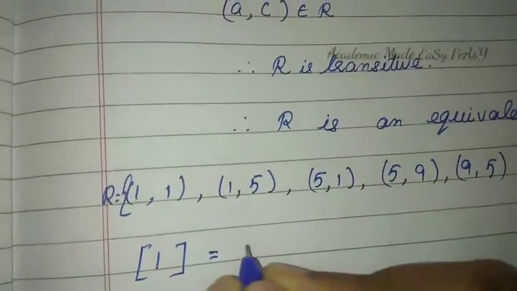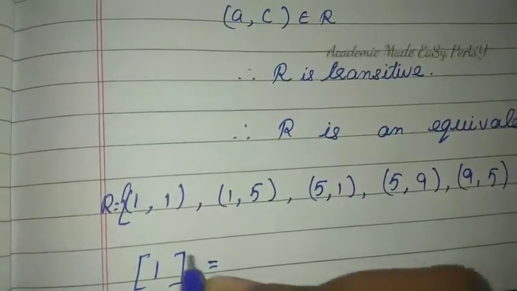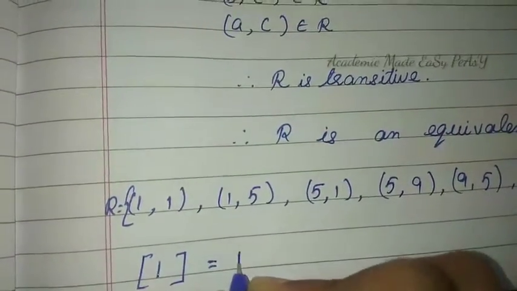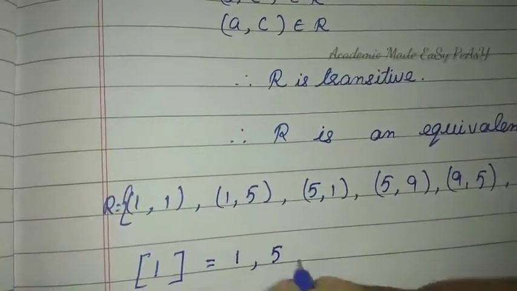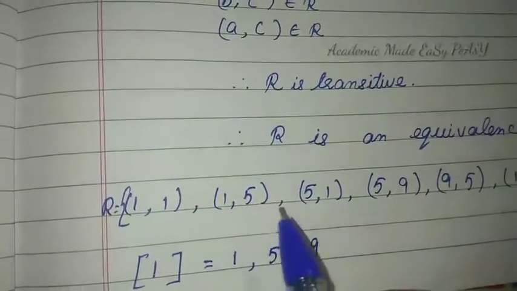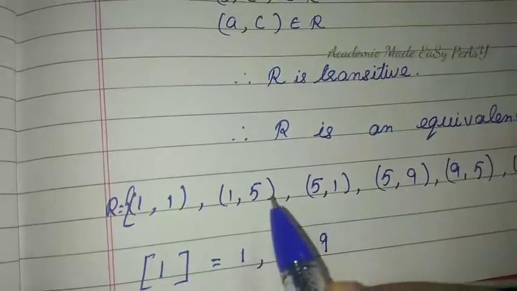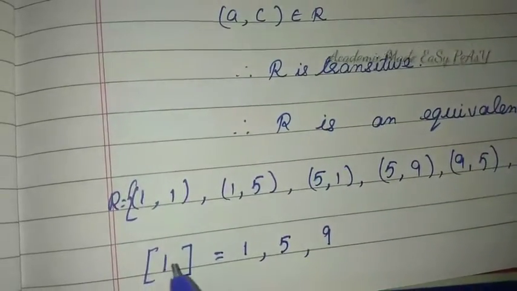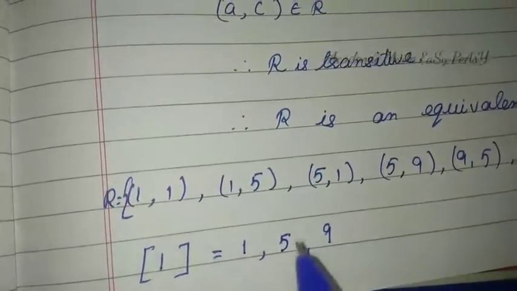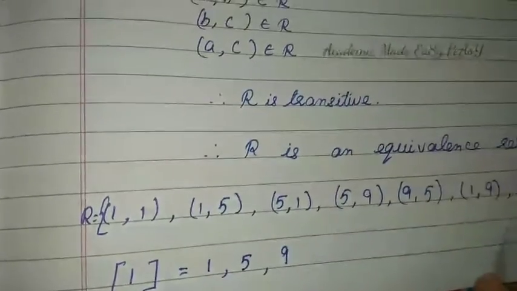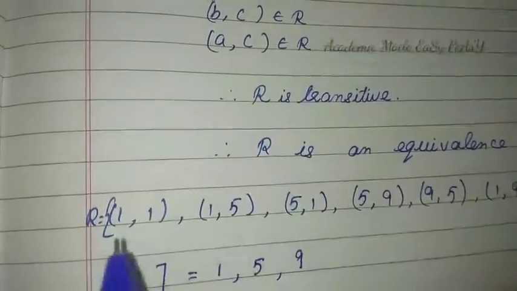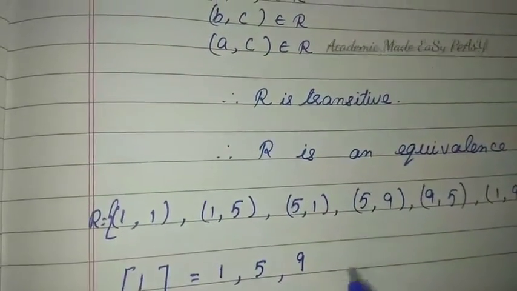What are the numbers related to 1? 1 is related to 1 itself, and 5 and 9. There are many pairs, but I have not written everything.